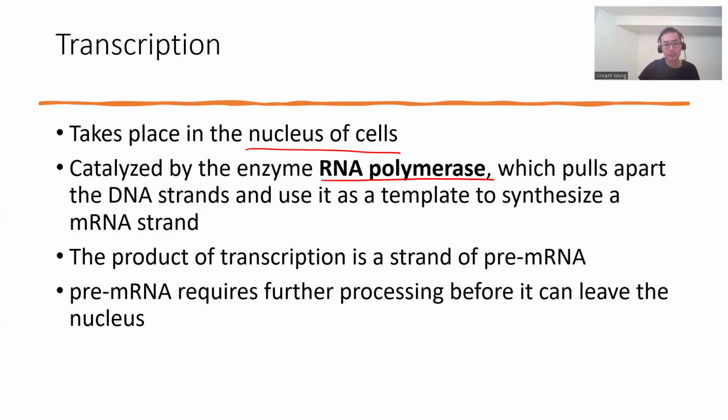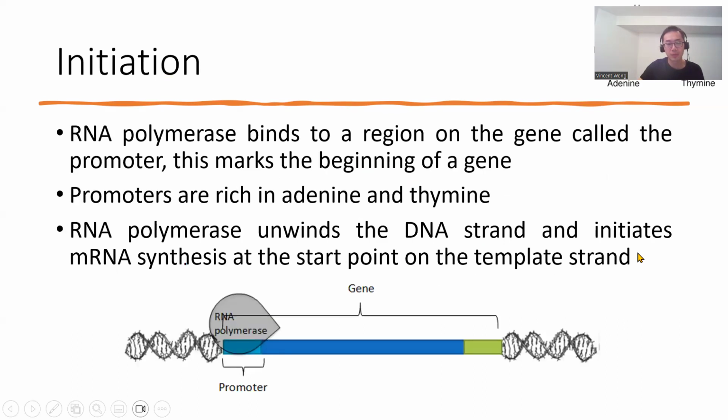The product is called the pre-mRNA, which needs further processing before it can leave the nucleus. I'll tell you what those modifications are in a bit. But first, we have to take a closer look at how the transcription process takes place.